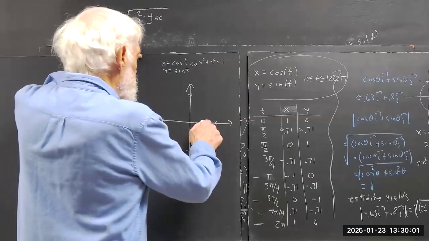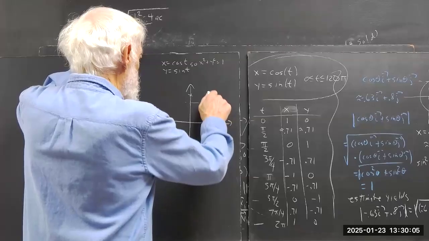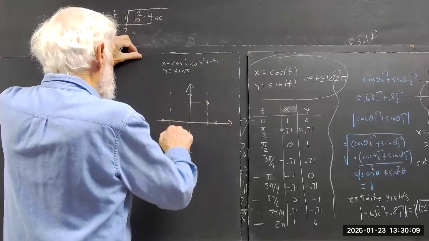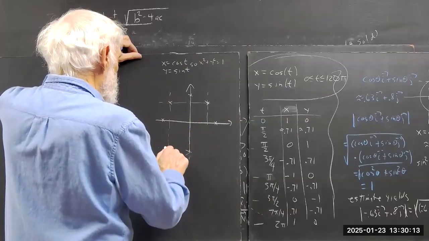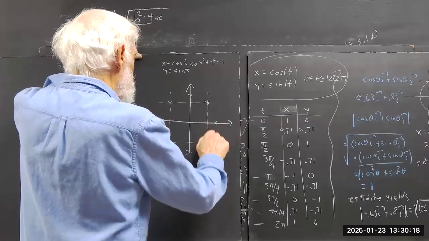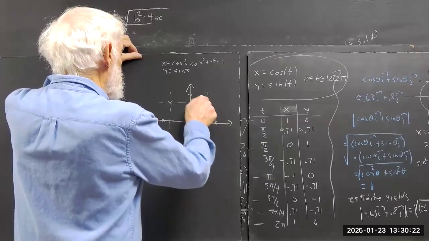Now, if I do the 0.71 would be about here, 0.71 would be about here. And then about here, negative 0.71, 0.71. And then down here, negative 0.71, negative 0.71. And then here, so I'd have these points. And now I can connect them.